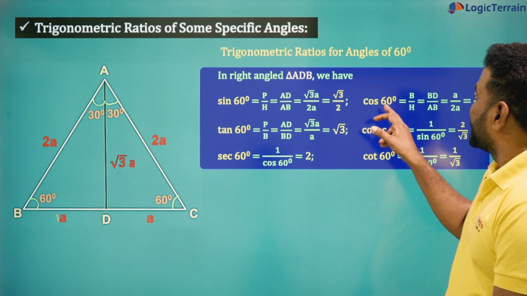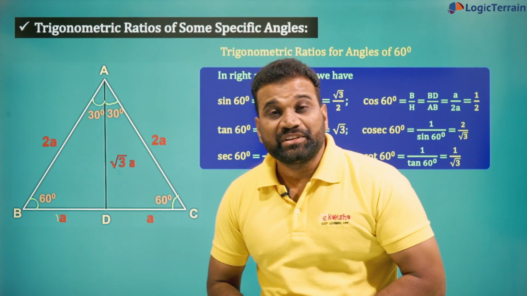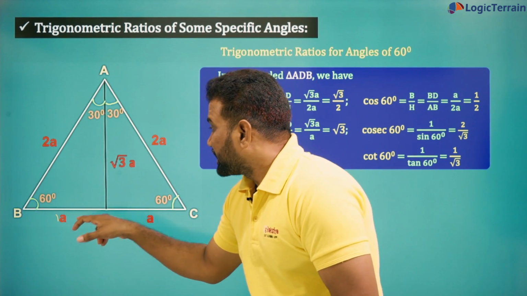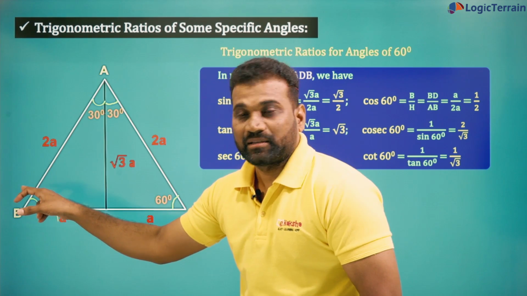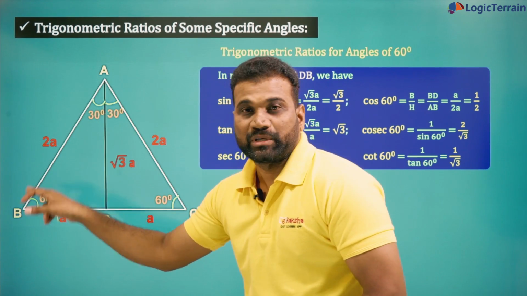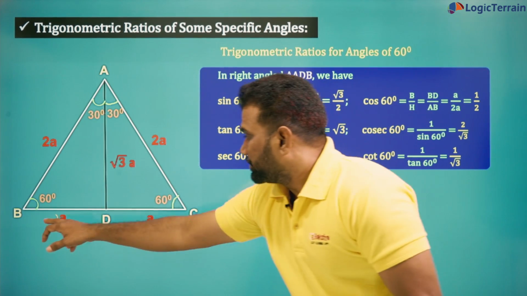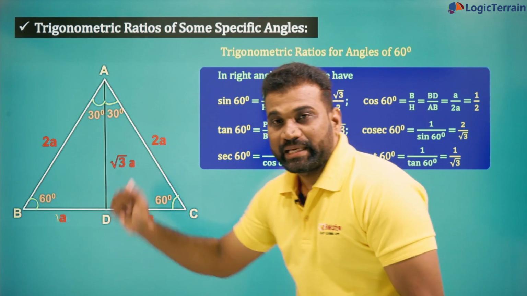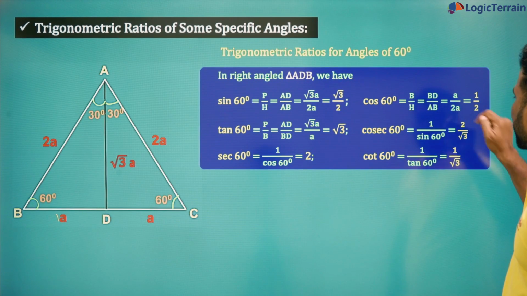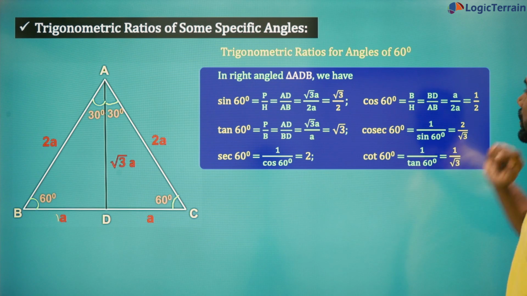Similarly cos 60 degrees. By the cos definition, adjacent side to theta over hypotenuse, or base over hypotenuse, B by h. So BD by AB, where BD is a and AB is 2a. So a over 2a, a divides one time, so 1 over 2.